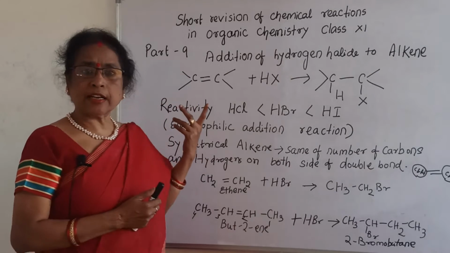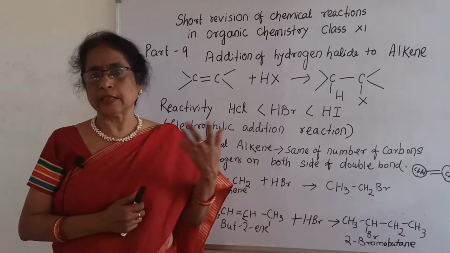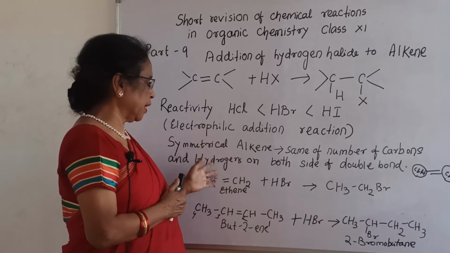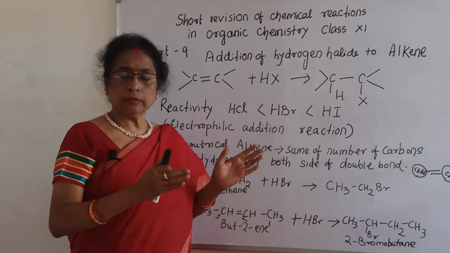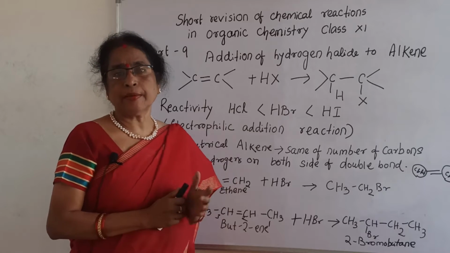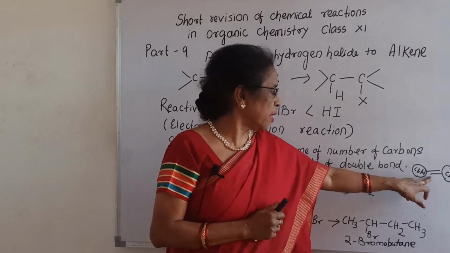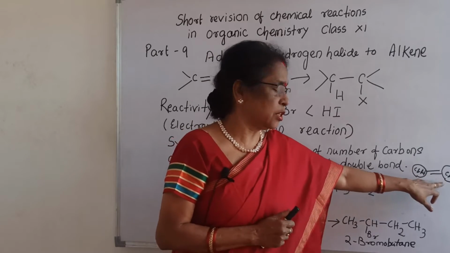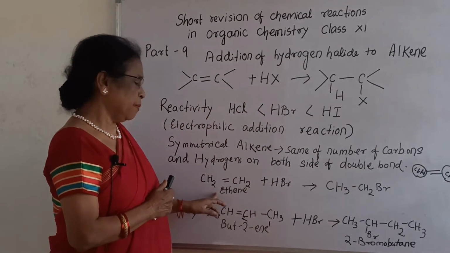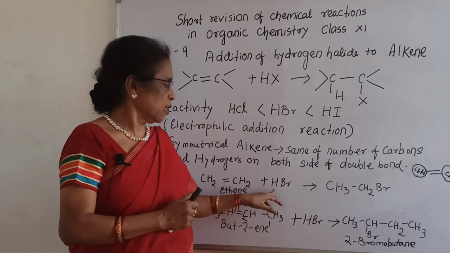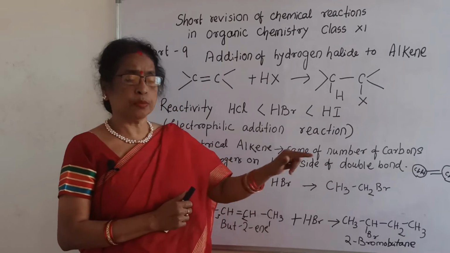Now, there are two types of alkene: symmetrical and unsymmetrical. First we will see symmetrical. Symmetrical means both sides of the double bond have the same number of carbon and hydrogen. I have explained here: this is the double bond, with the same carbon and hydrogen on both sides. Simple ethene is a symmetrical alkene, so when HBr is added the product is CH3CH2Br.